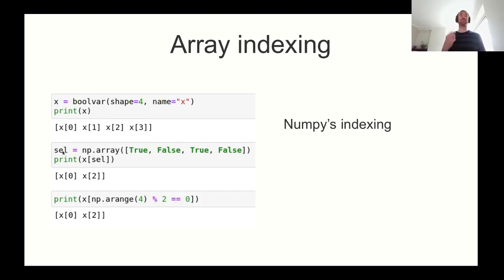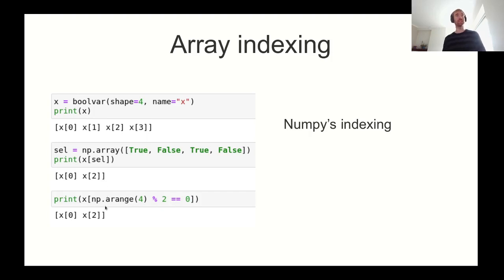If we create another array with Boolean values of the same dimension, then we can use that as a selector on that array. And this will basically say, give me all elements of X that have true at the corresponding index. In this case, that would be the 0th and the 2nd element, and indeed it returns this.